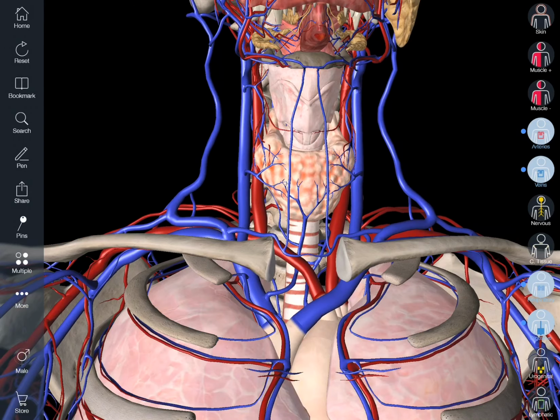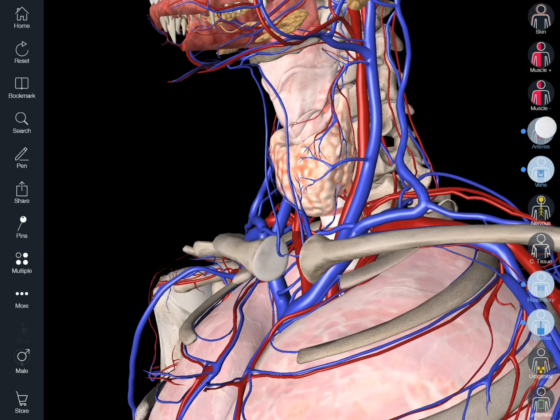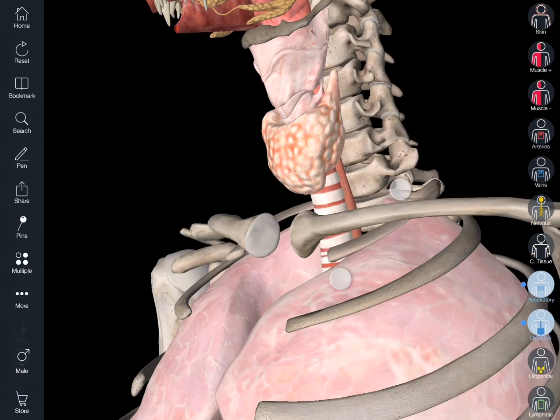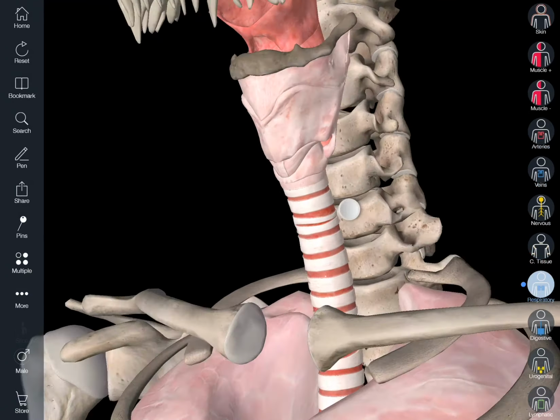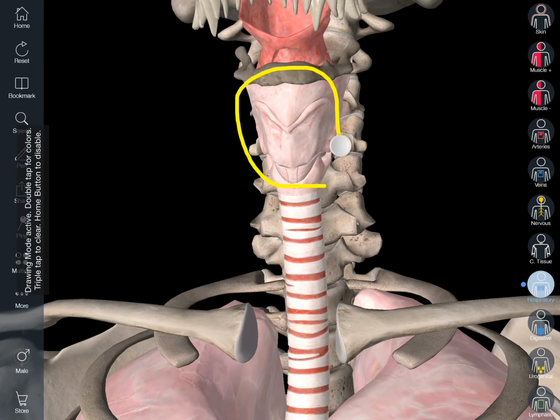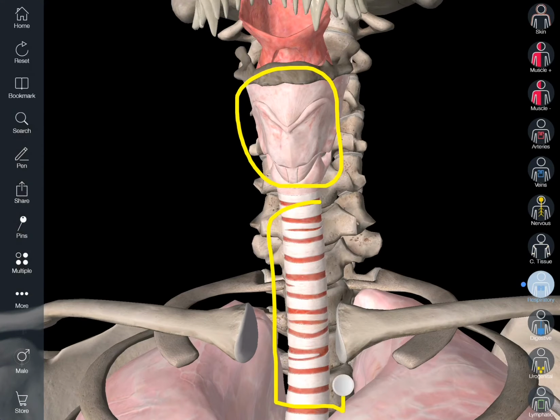Okay, all right. Actually, let's remove these other guys kind of here. Okay, so this is the larynx. All of that. This is the larynx, and this is the trachea. They are part of the respiratory system.